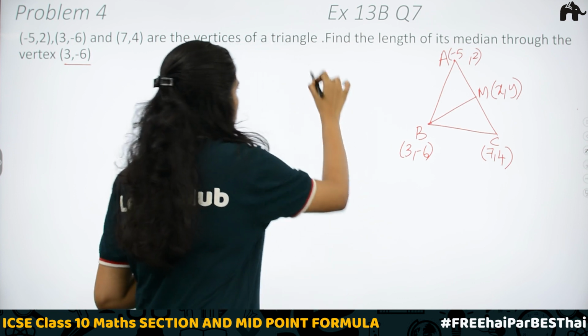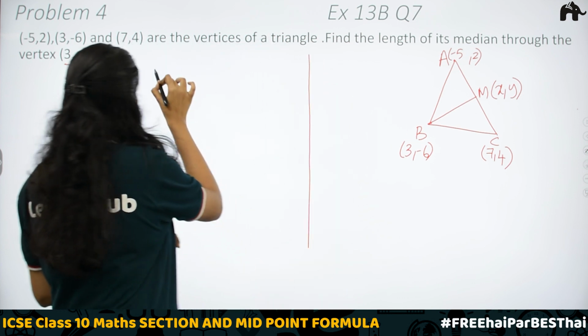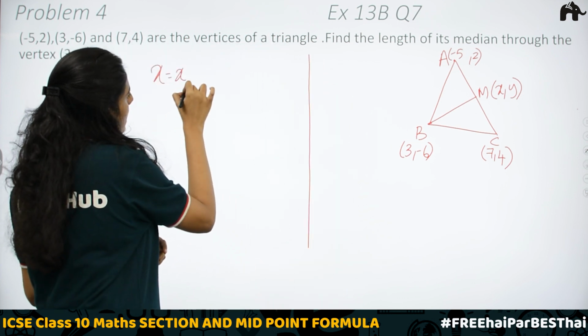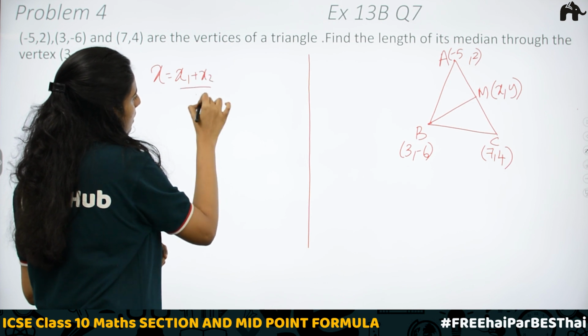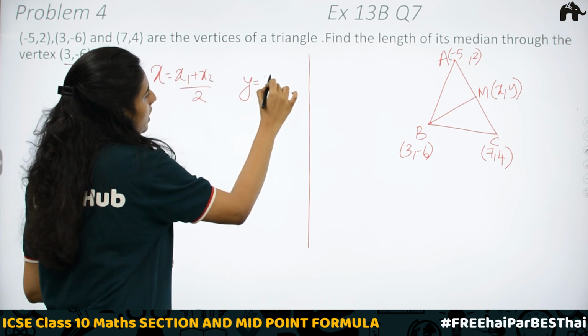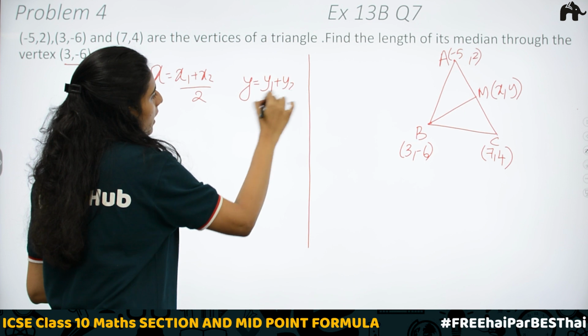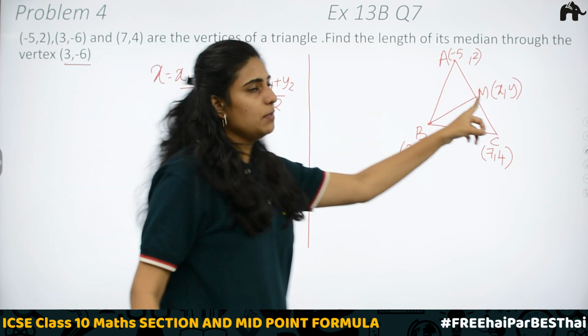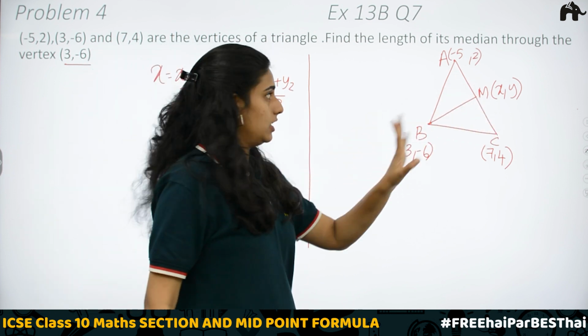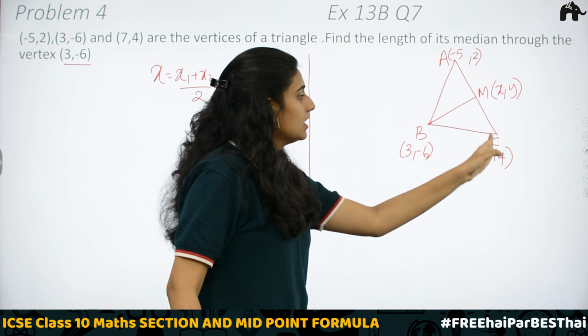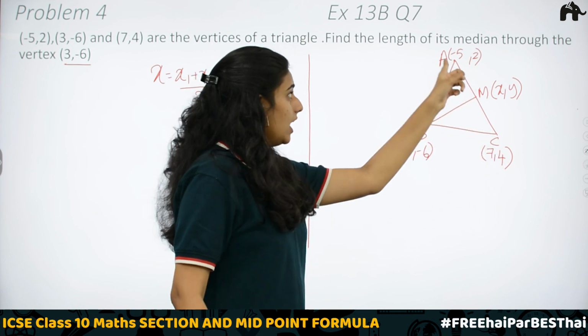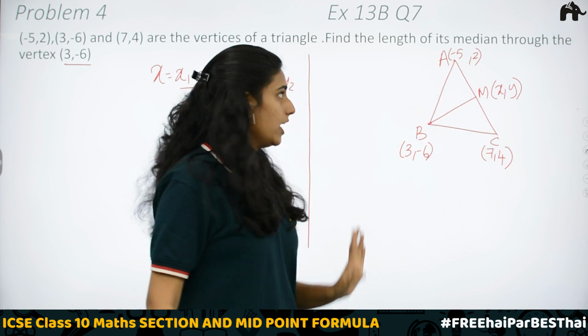Using the midpoint formula, we can find x equal to (x1 plus x2) divided by 2 and y equal to (y1 plus y2) divided by 2. M is the midpoint, which means we have to take the line AC. A and C are the required points.